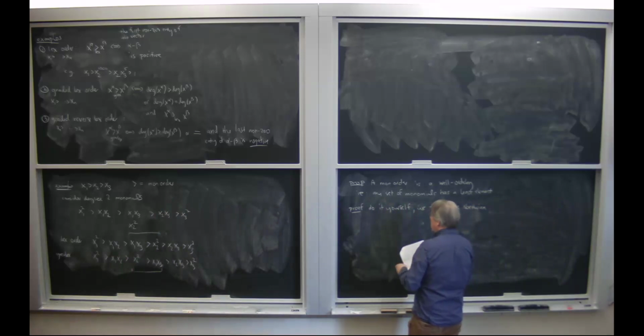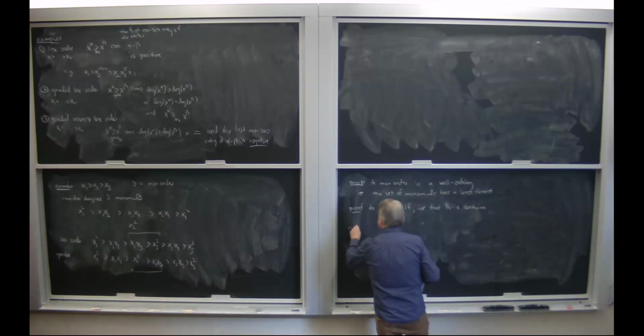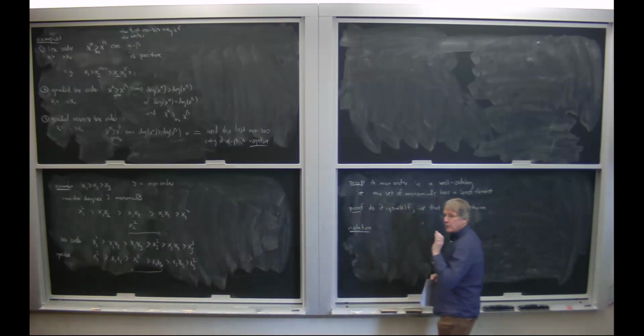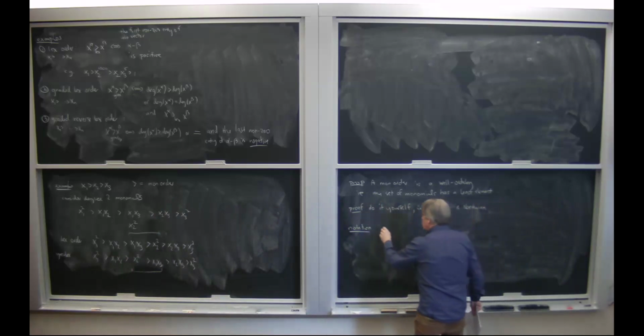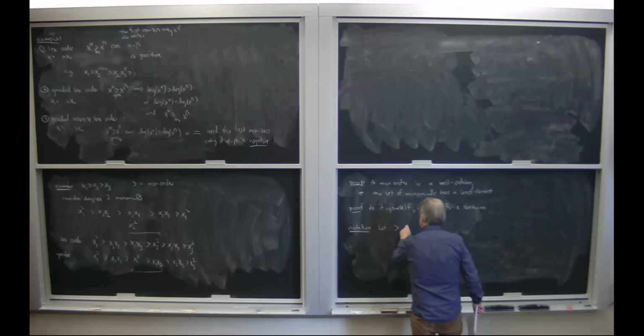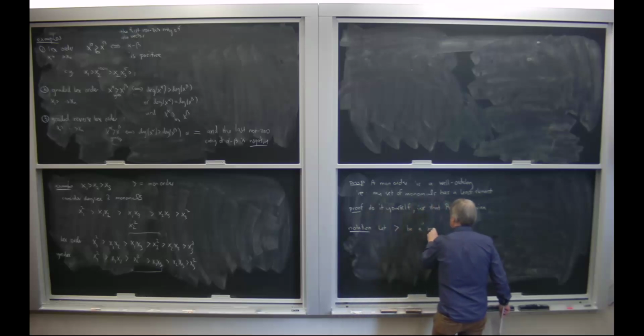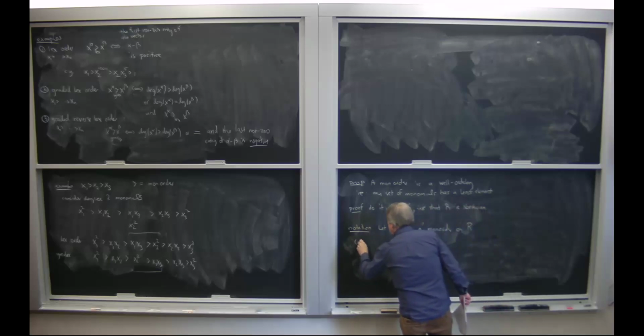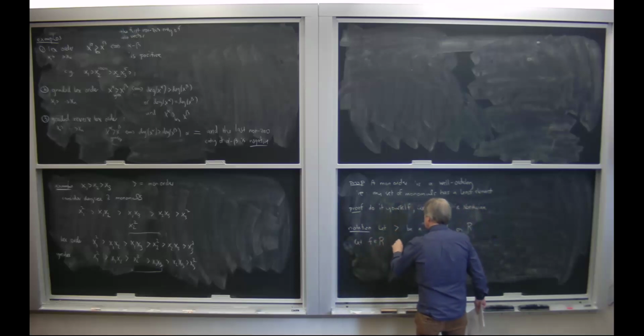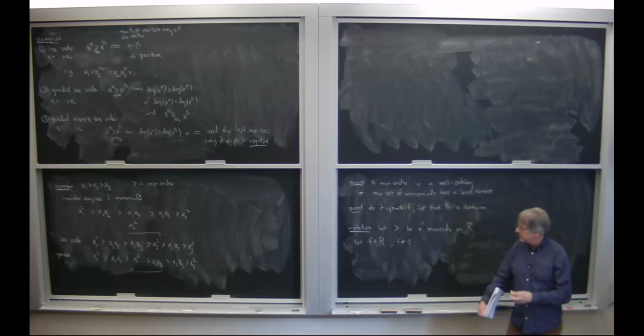Okay, so now I want to do some notation. So remember, we're in the polynomial ring R. And let's let this be a monomial order on R. Okay, and let's let F be a polynomial in R. Maybe F is not equal to 0, because otherwise we have to deal with it.